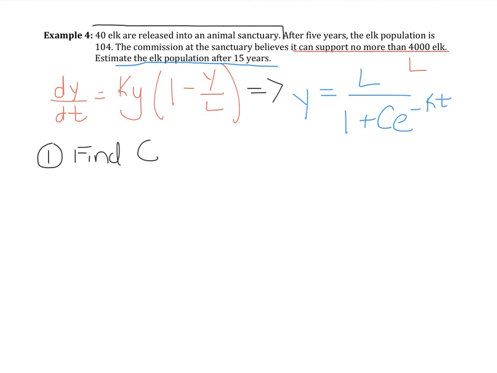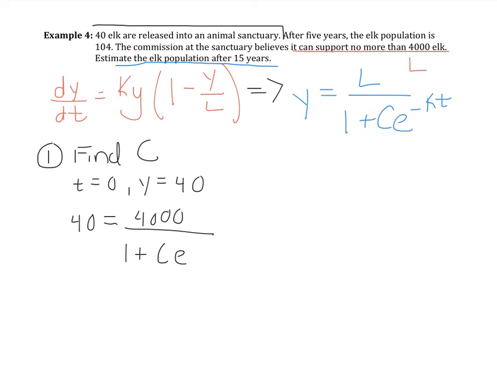All right, so we know that at time 0, my population must be 40. So let's say 40 equals L over, well, we know that L is 4,000. That was given. So then 1 plus C e to the, well, t is 0, so everything up here is just going to go to 0.